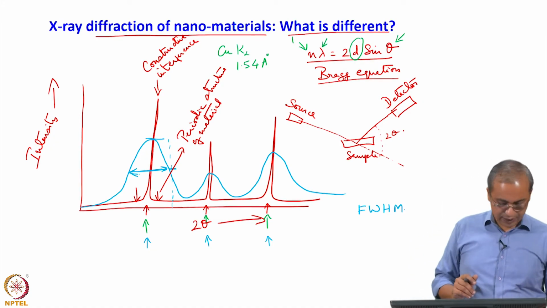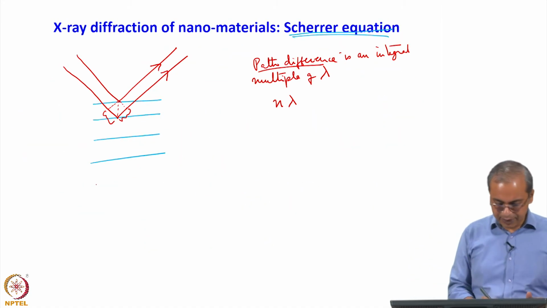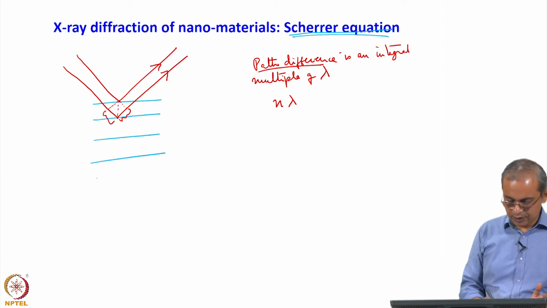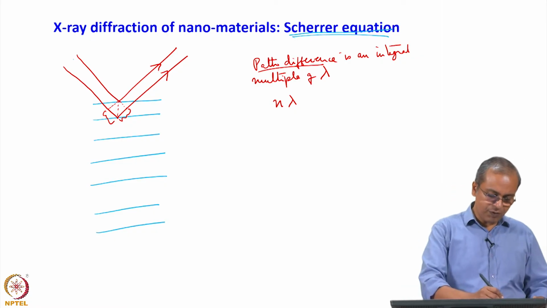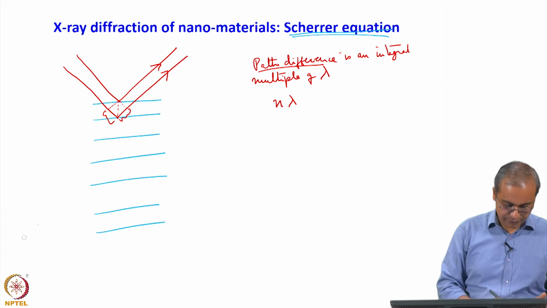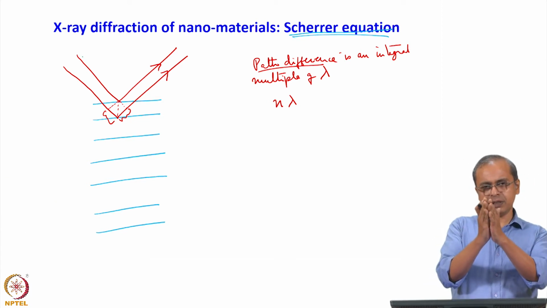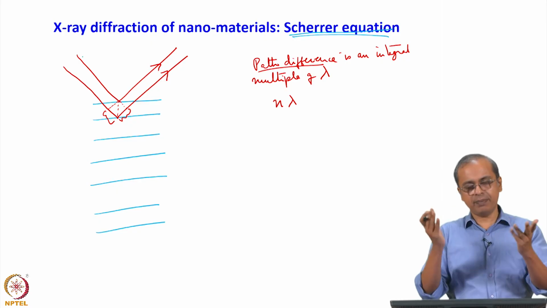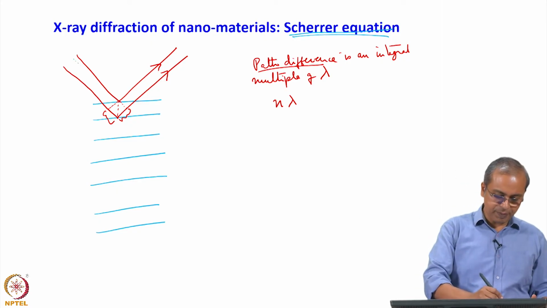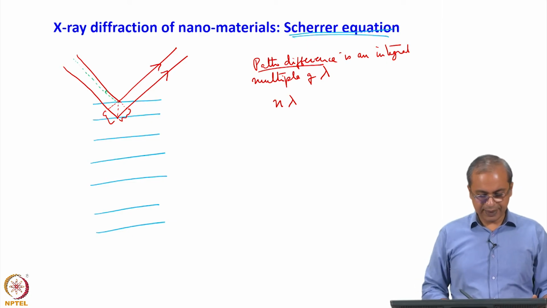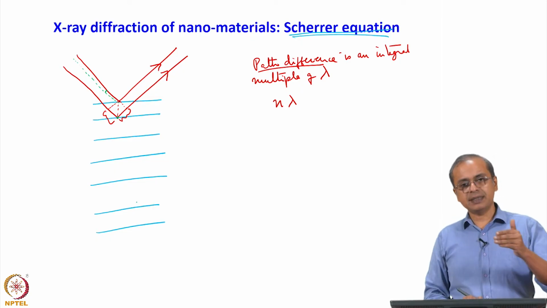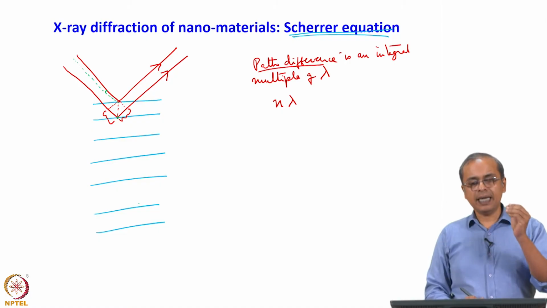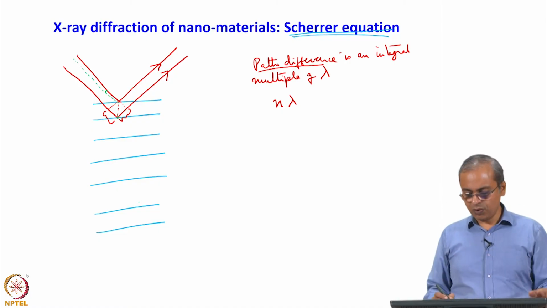Why is that the case? It is quite simply this. If you have many such planes, now let us say you are 10% off of this Bragg angle. That is what we mean by being slightly before or slightly after the Bragg angle. If it is 10% away from the Bragg angle, then the reflection from the second plane has a 10% difference in path length.